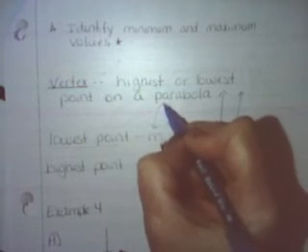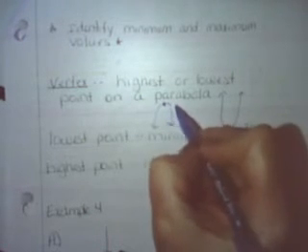If I have a parabola that opens downwards, the highest point on that parabola is the vertex. That's also known as the maximum. Okay? Maximum, highest point.